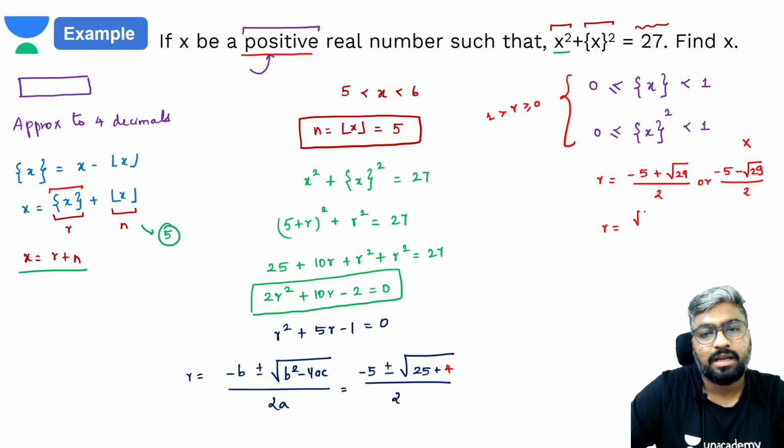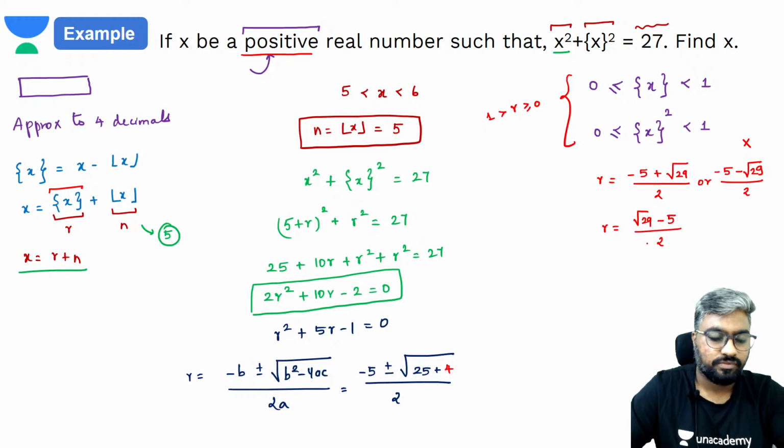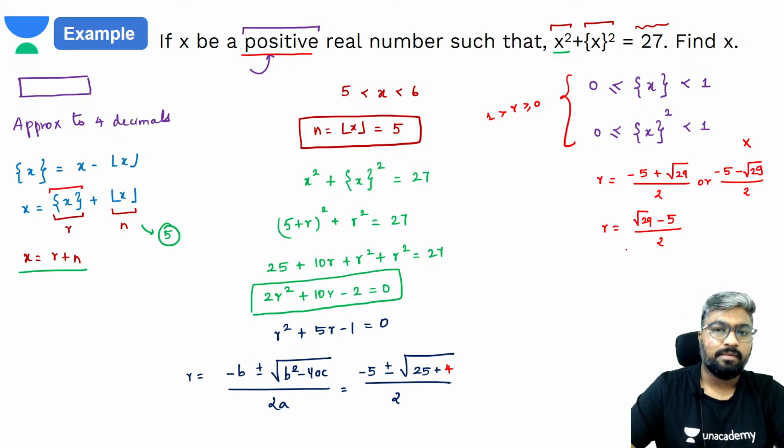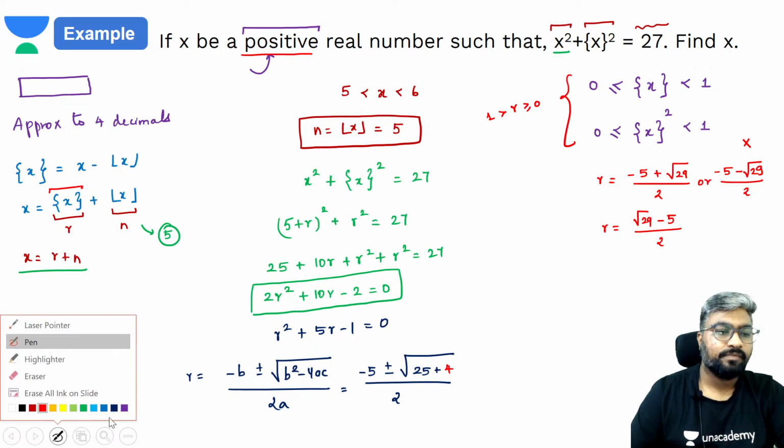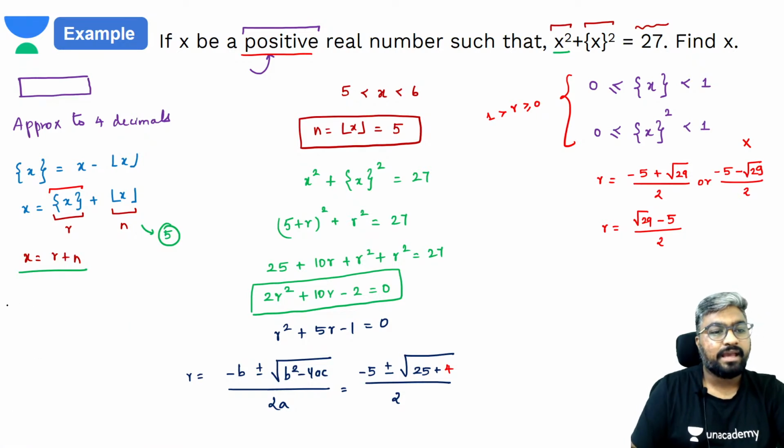Root 29 minus 5 by 2. Is that clear guys? Now we can easily find x directly. How? x is equal to r, which is root 29 minus 5 by 2, plus n, which is 5.